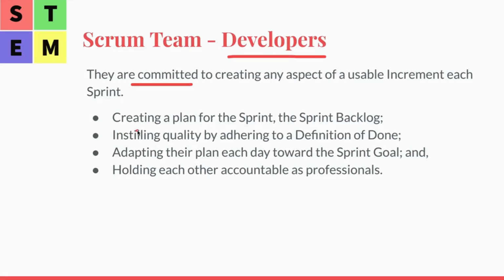That means creating a plan for the sprint, the sprint backlog, instilling quality by adhering to a definition of done, which we're going to talk about at the end, adapting their plan each day towards the sprint goal, and holding each other accountable as professionals. So that's what the developers are committed to do.